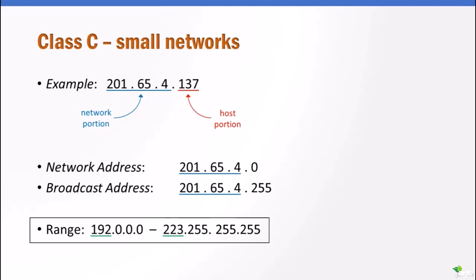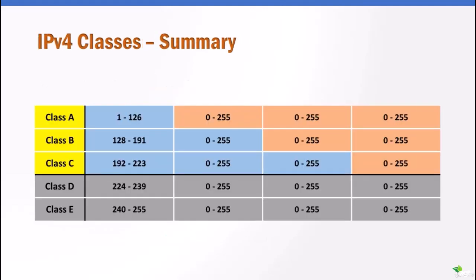Finally, as I promised some slides ago, here's the table that summarizes all 5 classes. As we've already learned in the examples, we recognize all 5 classes only by looking at the first octet. So here's the first octet, here's the second octet, here's the third octet, and here's the fourth octet.